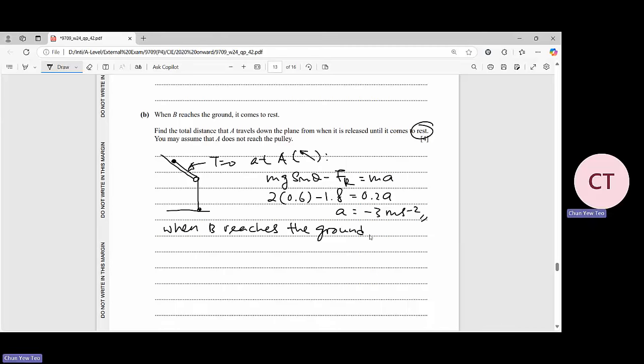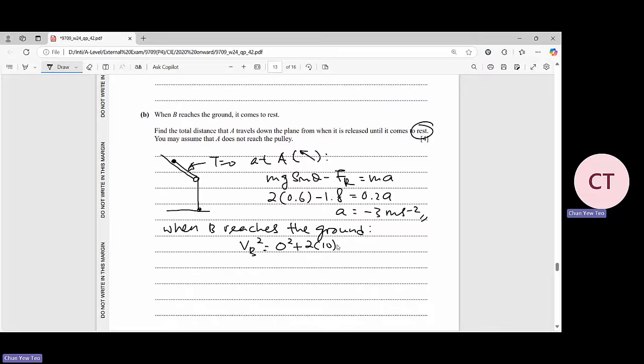When B reaches the ground, vB square is equal to 0 square plus 2 times the acceleration times the height.